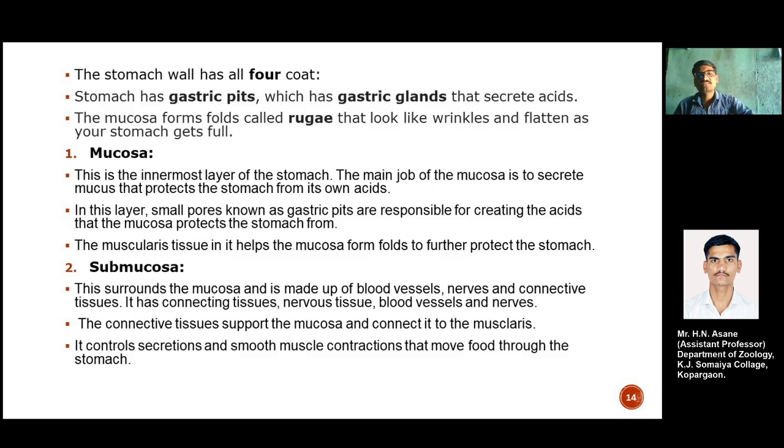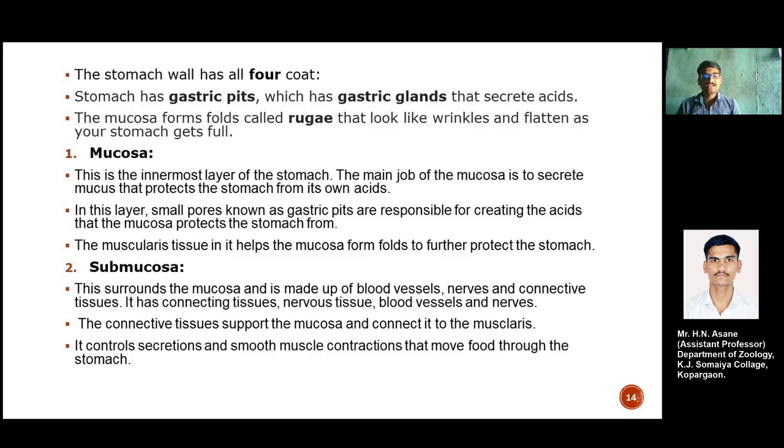Then the second layer will be the submucosa. In the mucosa layer there are gastric pits, and the pits have a number of cells. There is also a layer of the mucosa known as the lamina propria.